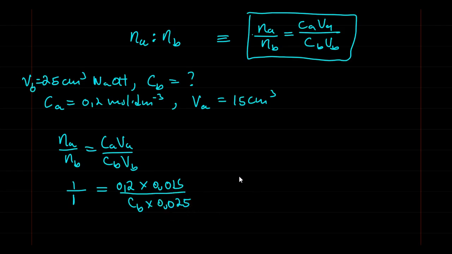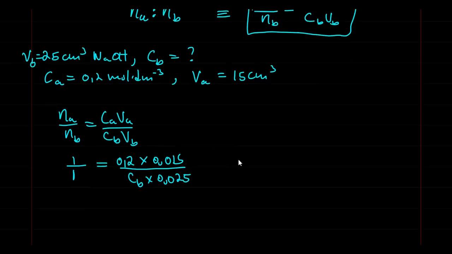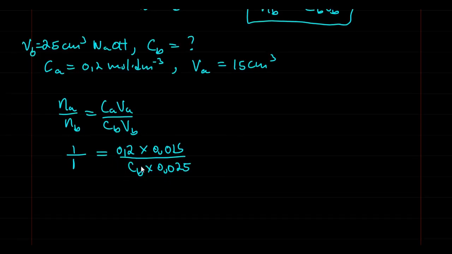That is 0.025. So now you see we are left with Cb. On the left we have 1, which is equal to 0.2 multiplied by 0.015, which gives the moles, 3 times 10 to the power minus 3, divided by 0.025 Cb.